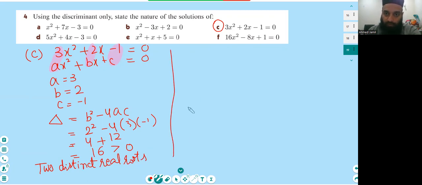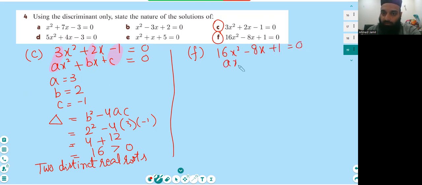Okay, another part, I'm going to solve it. Yeah, it's F part. 16x squared minus 8x plus 1 equals 0.